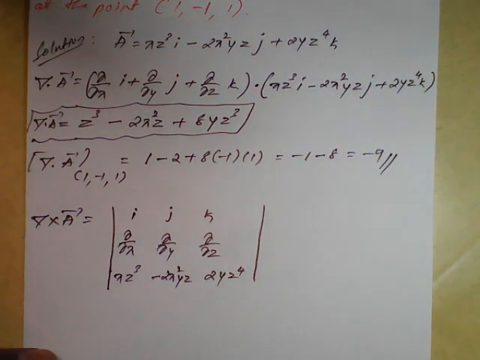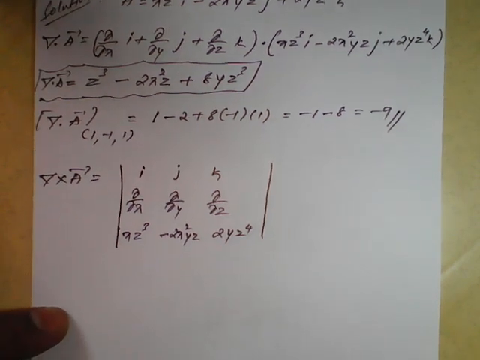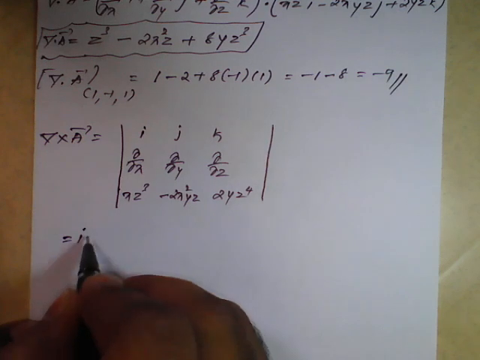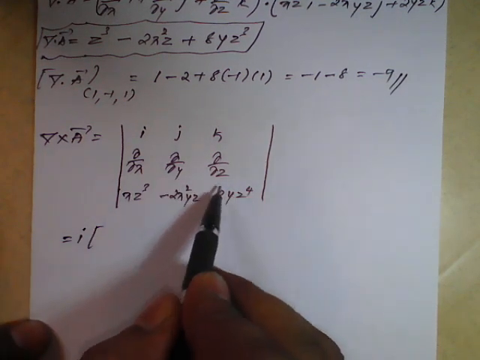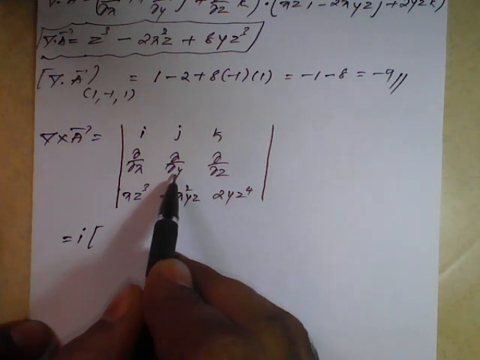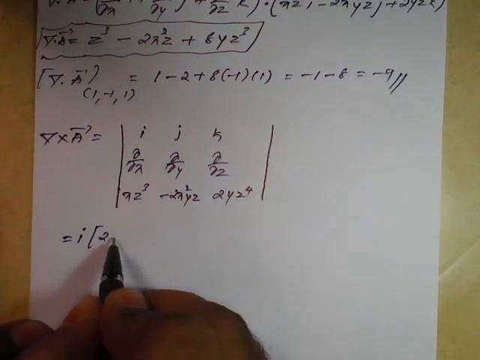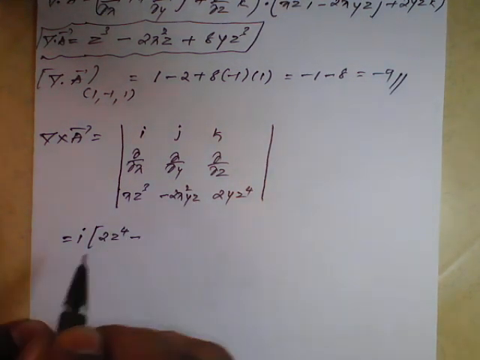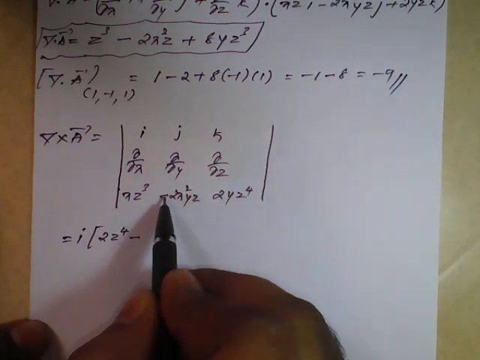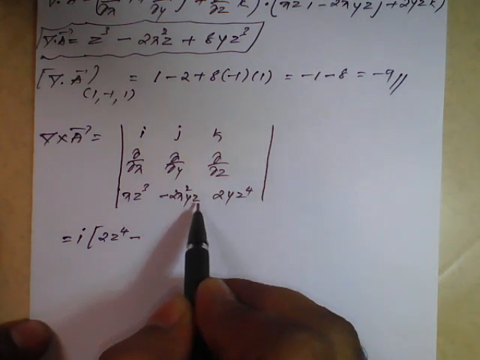Fine. So we need to again go for a simplification of the determinant, which will be i times, partial derivative of 2yz raised to 4 with respect to y, which is 2z raised to 4, minus partial derivative with respect to z of this minus 2x square yz.